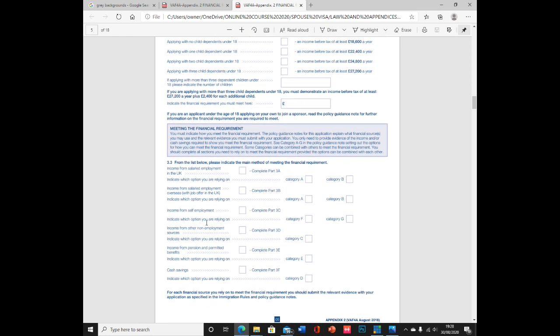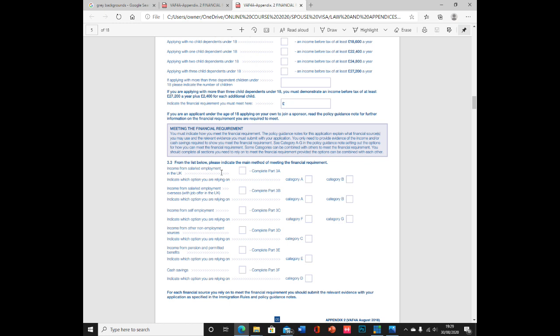So here are the categories. If you are receiving income from salaried employment, then mention income from salaried employment. If you are salaried and employed in the UK, complete part 3A.